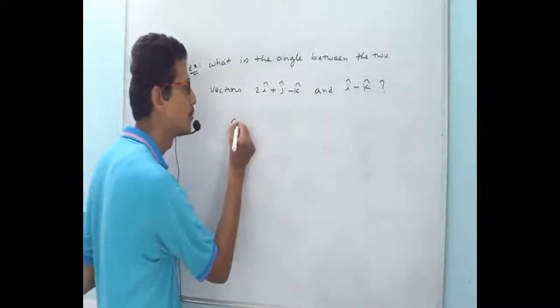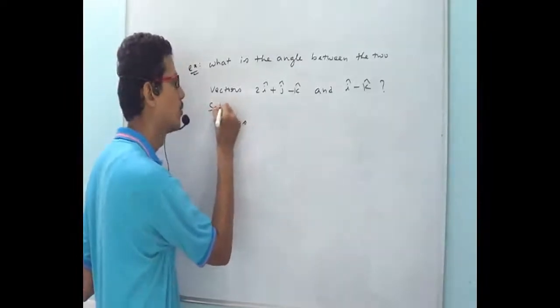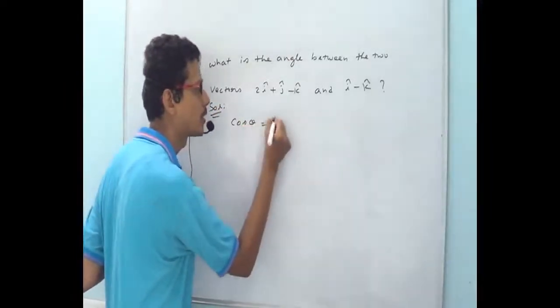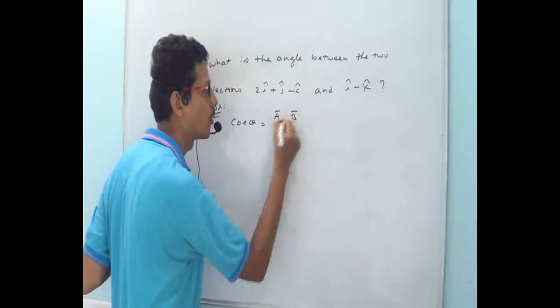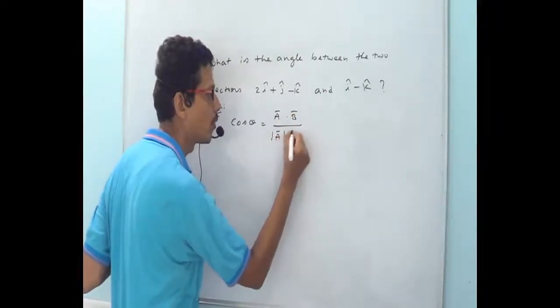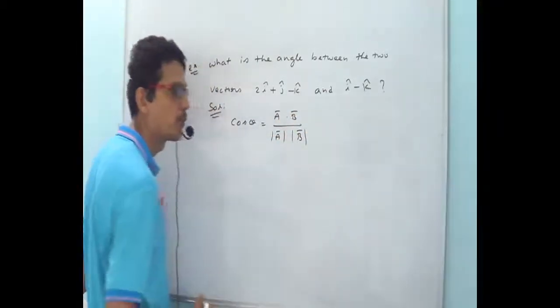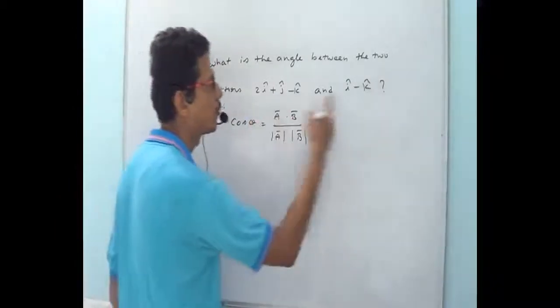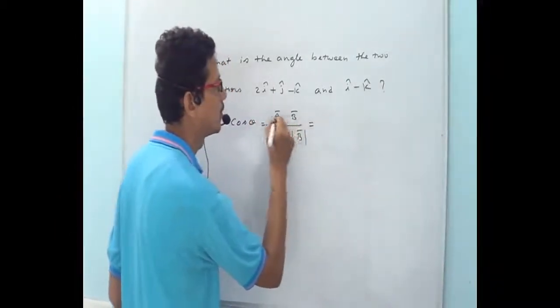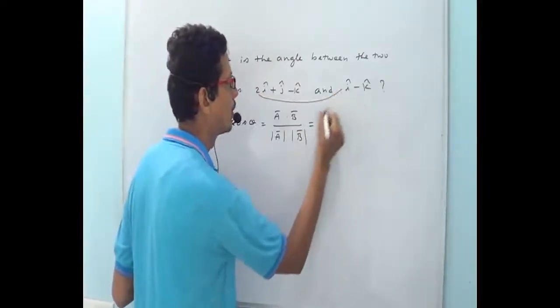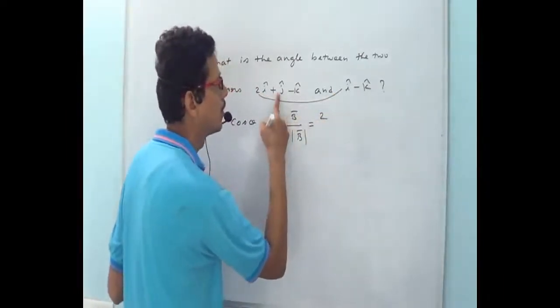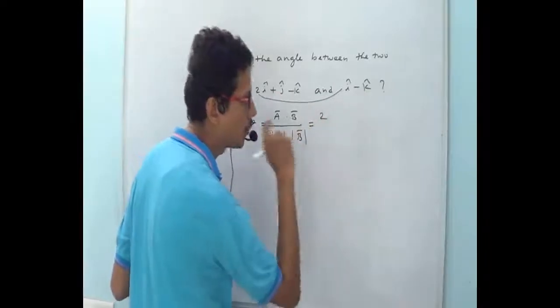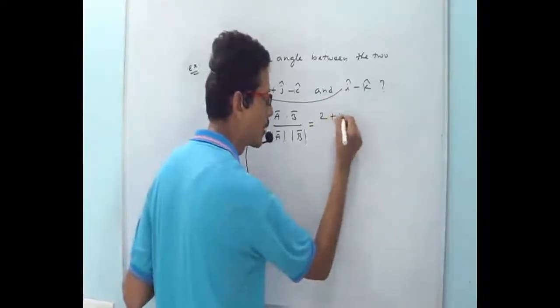And what is the formula? Solution will go. Formula is cos theta is equal to a bar dot b bar by mod a bar into mod b bar. Okay. What I do if I do the dot product? 2 into 1, 2. Here j component is 0. J component is 0. That I will get 0. Okay.